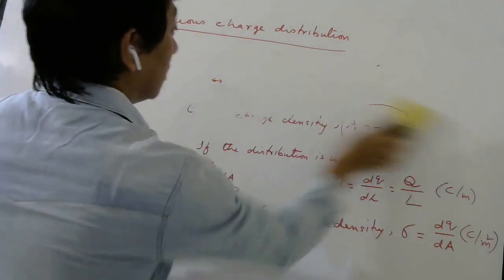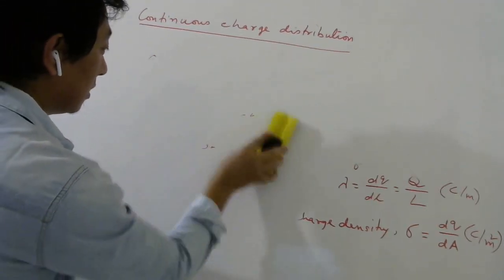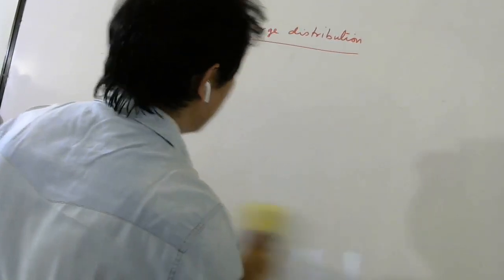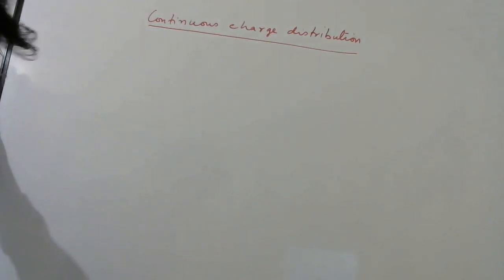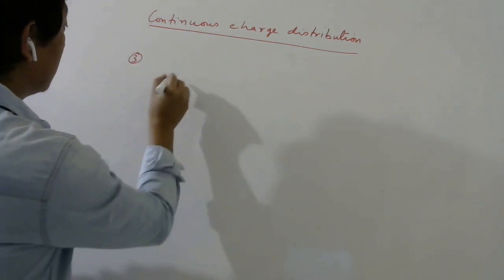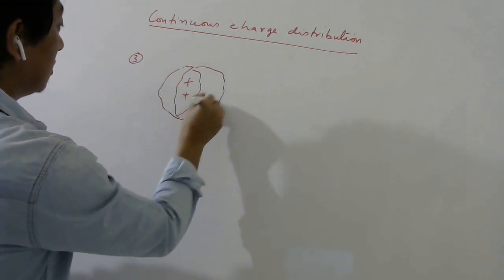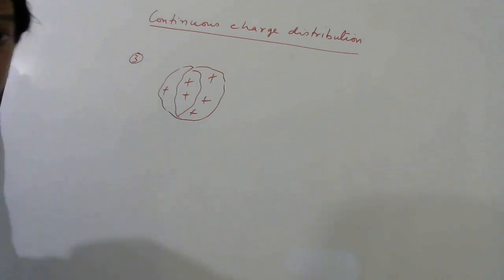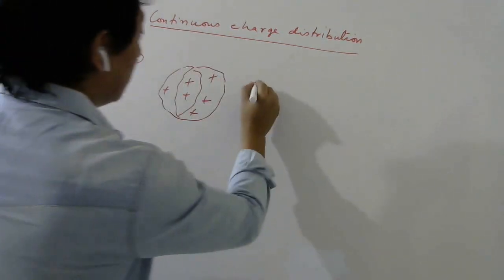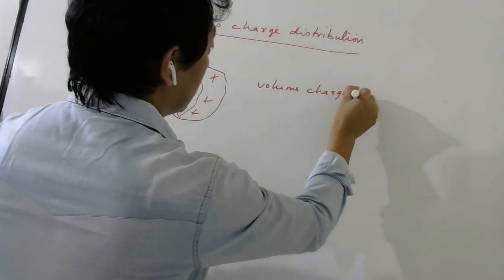Then the third thing which we have is the charge is neither on a line nor on a surface, but the charge is spread in a volume. So in that case, you have some 3D volume, like this. So charge is everywhere. If charge is in a space, then we define volume charge density.